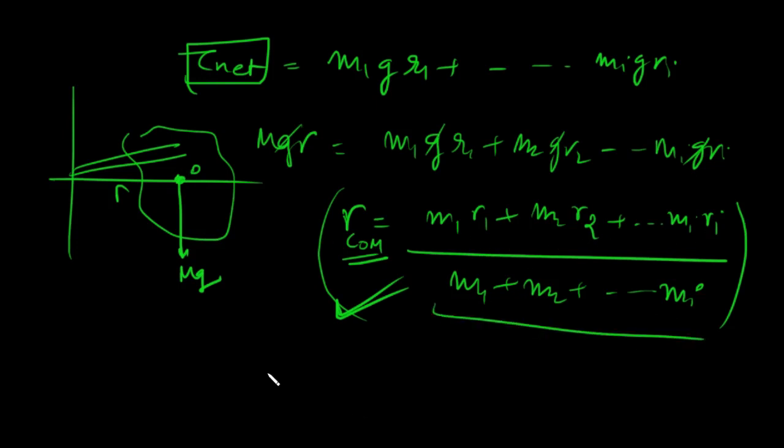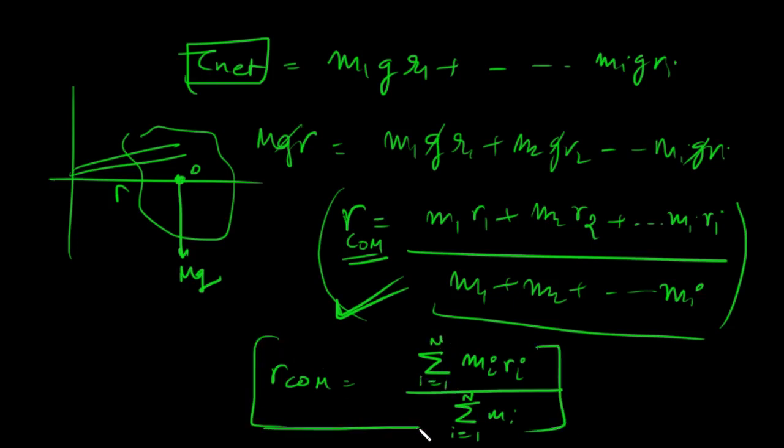We can also write this as RCOM equal to summation mi ri divided by summation mi, where i goes from 1 to n. This is the standard definition of center of mass for any object.